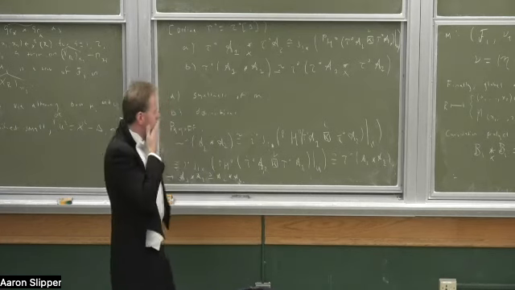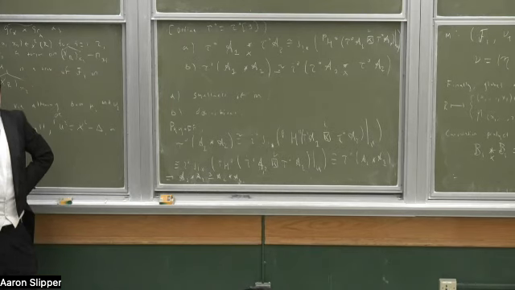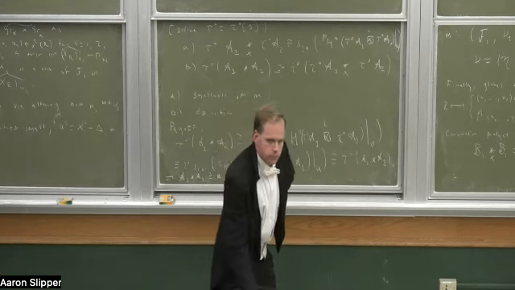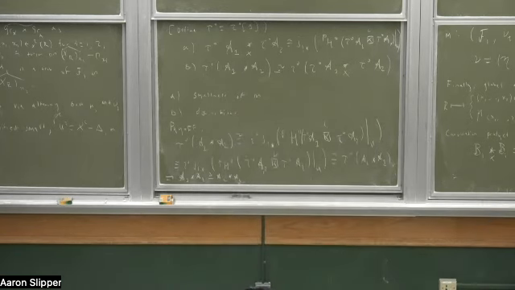So the convolution product is defined at the level of DG categories. The fact that it's symmetric on the abelian category is a little bit misleading. The convolution product is definitely not symmetric on the level of DG categories. It just so happens that at the level of derived categories, it's more like E3.